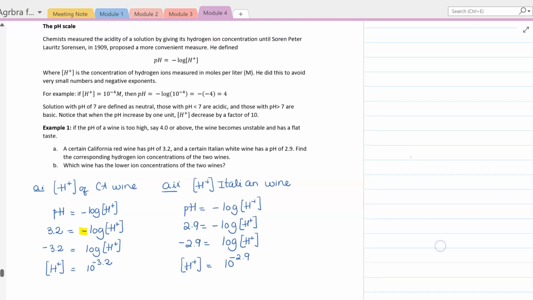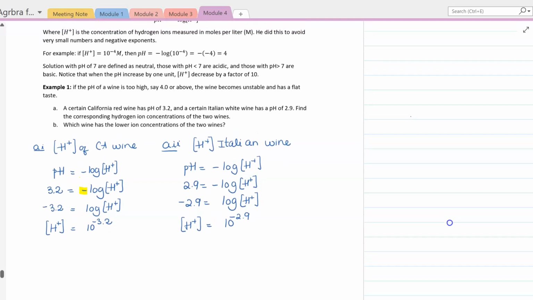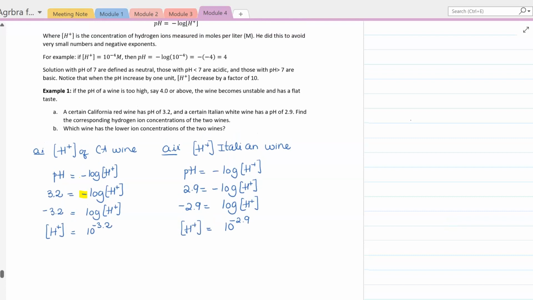Then part B: which wine has a lower ion concentration of the two wines? The first one, H plus, equals 1 divided by 10 to the 3.2.